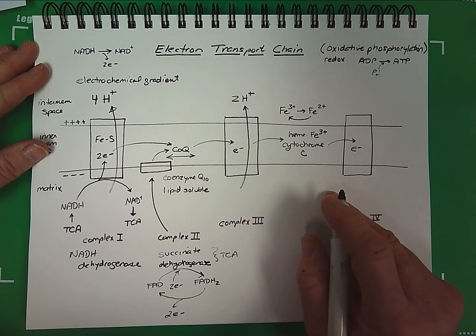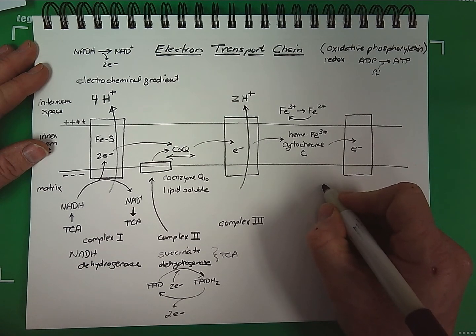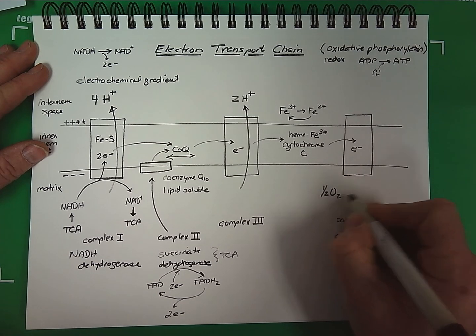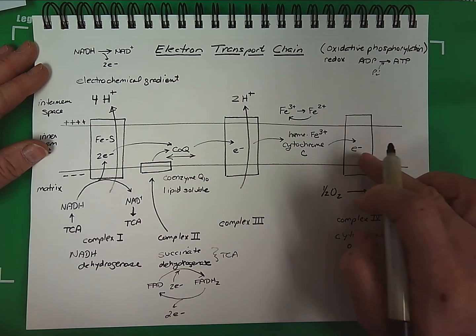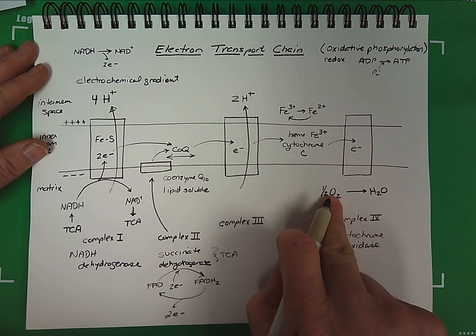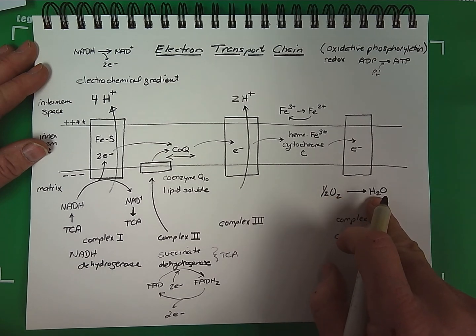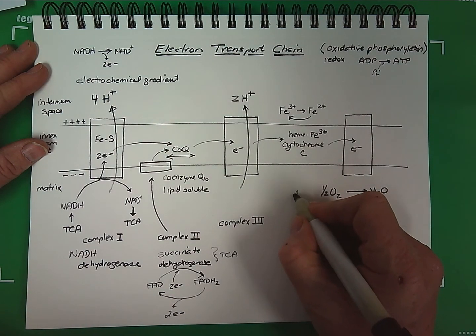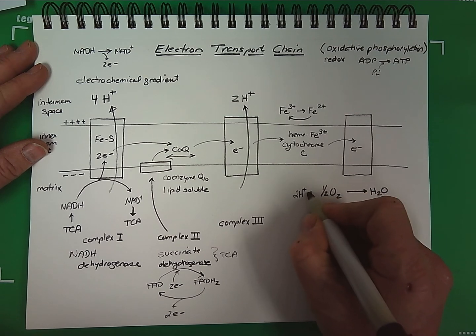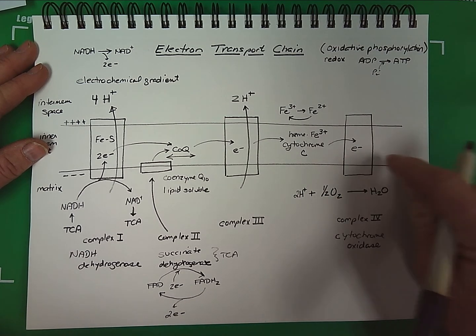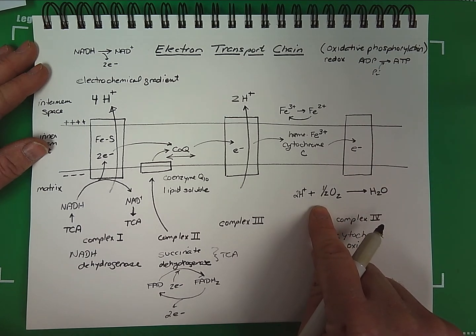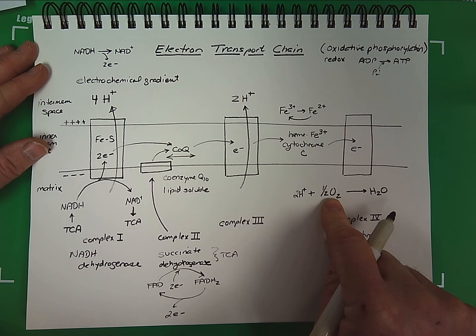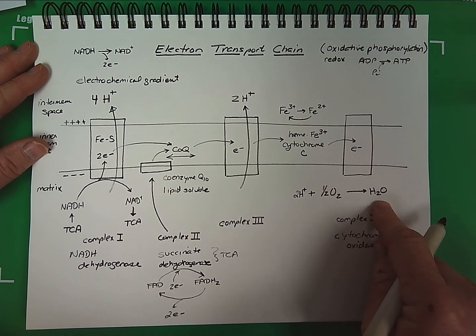And this is going to be, of course, oxygen. In this process, we are moving the electrons onto oxygen, and we are going to generate water from this process. So we are going to need 2 protons. The electrons will come from the complex 4 cytochrome oxidase, and we will now reduce oxygen to form water.